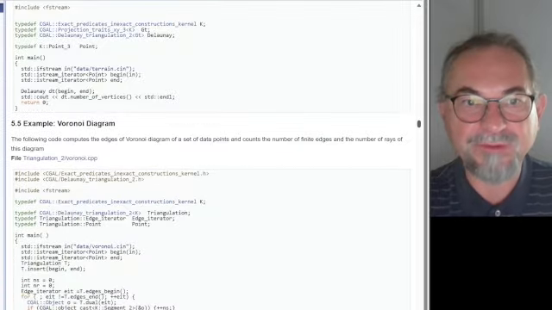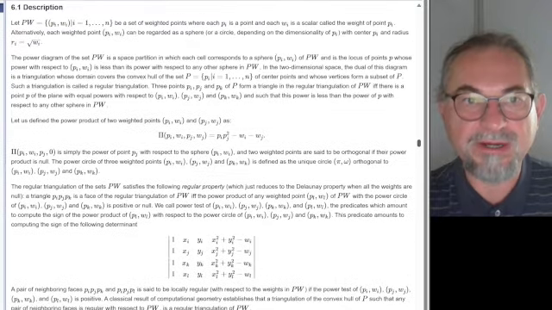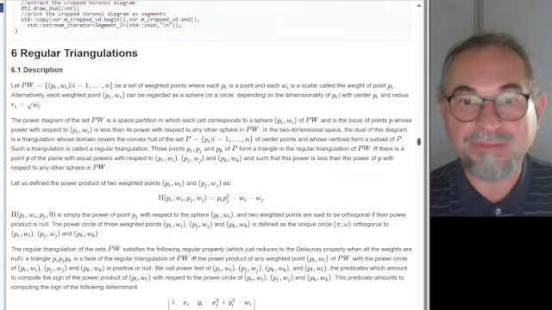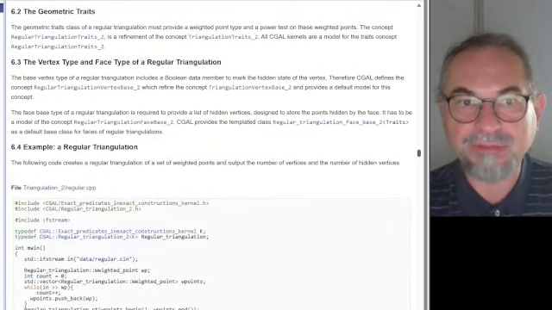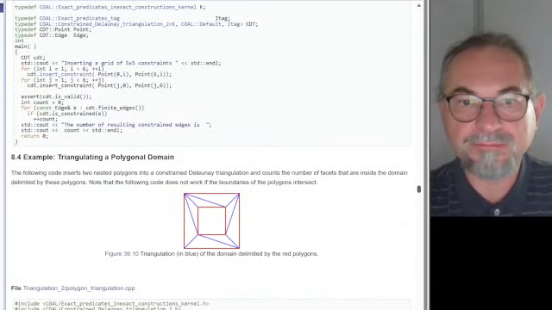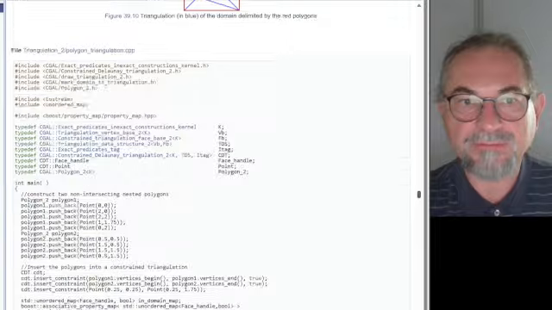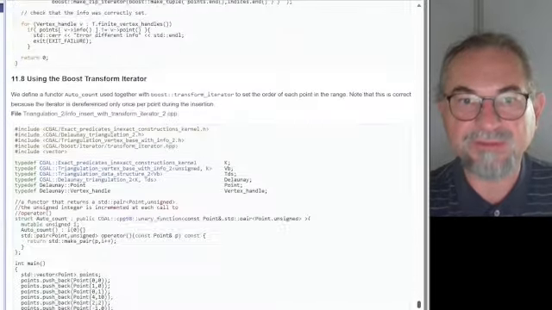So you have the Delaunay triangulation and the Voronoi diagram. And here you see the concept of regular triangulation, so the weights that come from the paraboloid. And there are constraints as well.